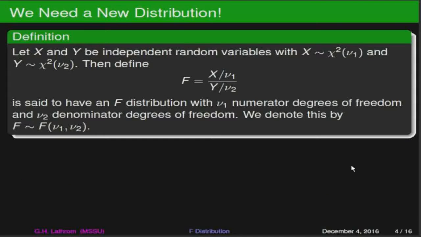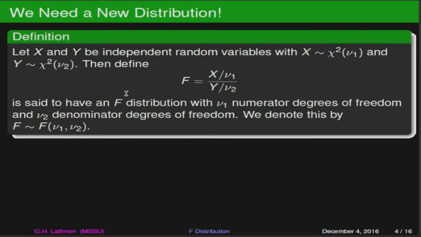And so what is that something else? That something else is a brand new distribution. And so the setup is this. We've got two random variables, independent variables, x and y. We assume that x has a chi-squared distribution with nu sub 1 degrees of freedom. Y also has a chi-squared distribution with nu sub 2 degrees of freedom.